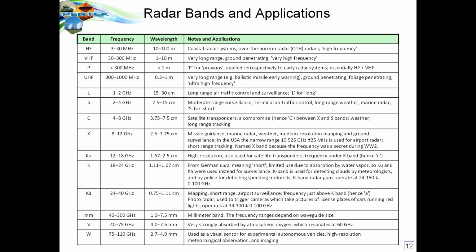It shows on the right, in the notes and applications section, the different heritage of the different types of radar bands, what they're used for, some of the applications, and some of the benefits of each. So this chart can be very useful if someone asks you about a particular S-band radar or a Ku band radar. You can get a little bit more information and reference as to what exactly that means. So this could be a very useful chart to start becoming familiar with the language of radars.